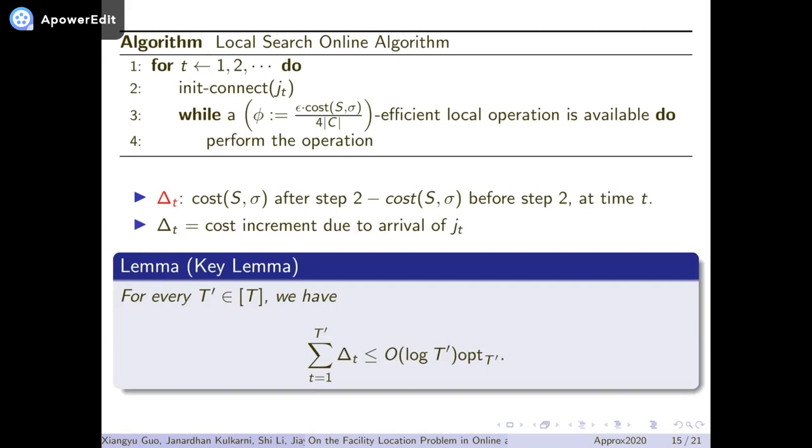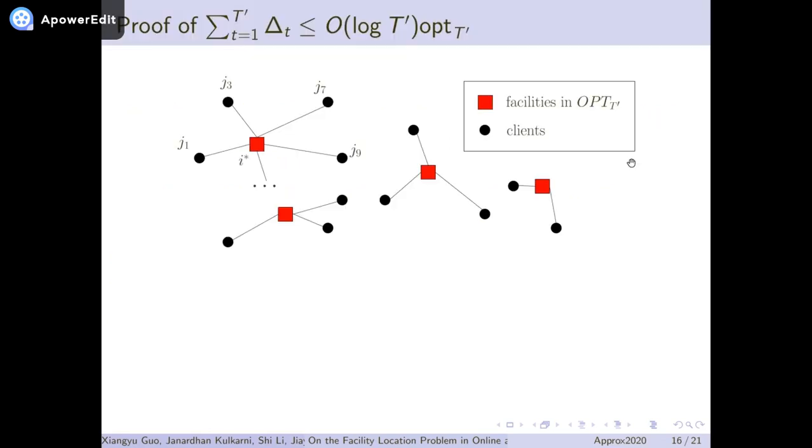For each time step t prime, we have the sum of delta t can be bounded by the optimal solution on t prime with a logarithmic factor. To prove the key lemma, we need to compare the delta t incurred by the arrival of a client with its respective cost in the optimal solution at time t prime.